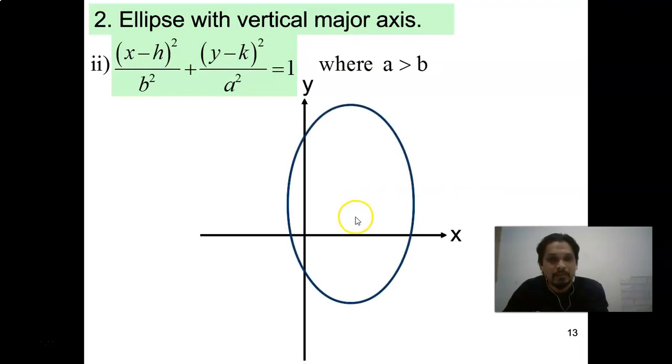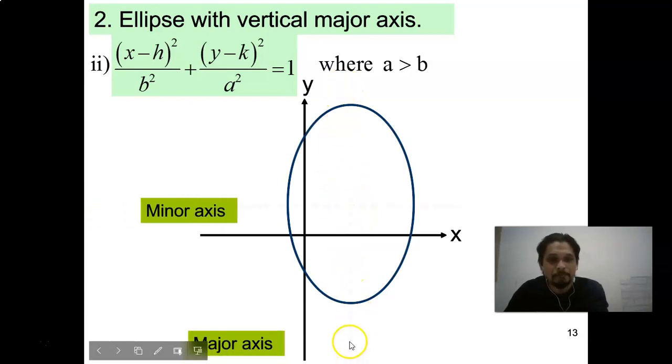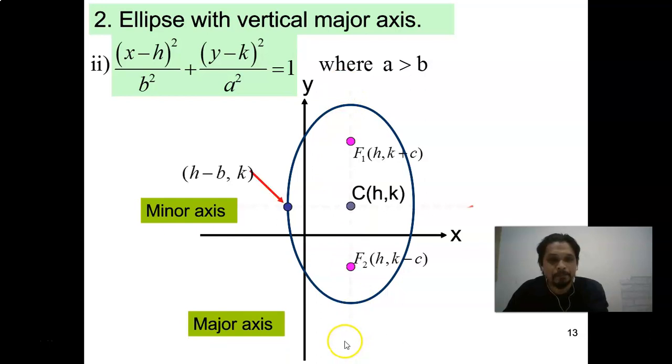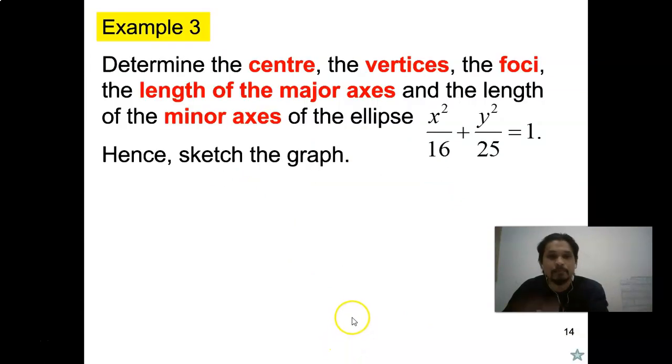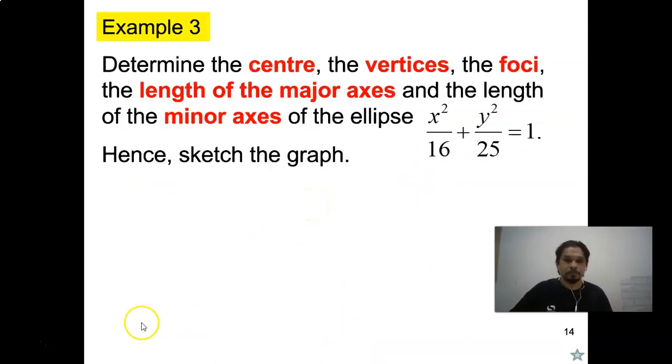So this is a vertical major ellipse, where the major is for the y. Again, we compare this with x minus h squared divided by 4 squared plus y minus k squared divided by 5 squared equals 1.